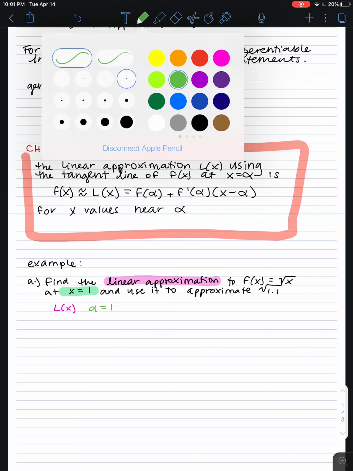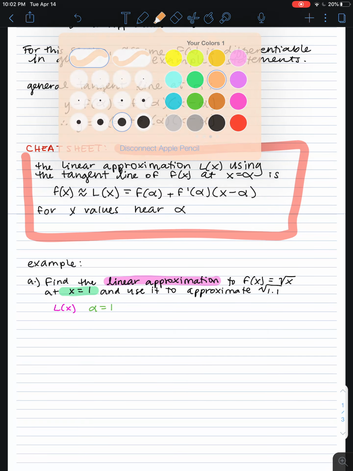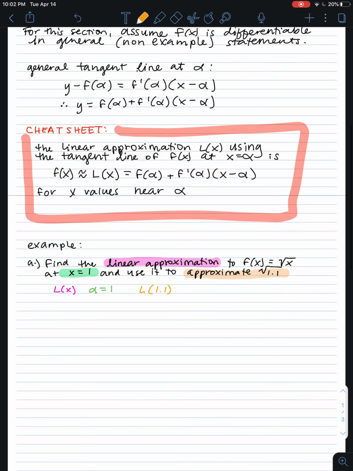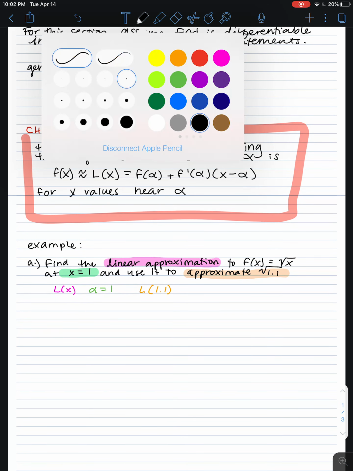And then using it to approximate the square root of 1.1, this portion means that we're going to find our L of x and then we're going to find L of 1.1. So we're going to plug in 1.1 for x to approximate it. Okay, so that's just a breakdown of what we're using as our terminology.